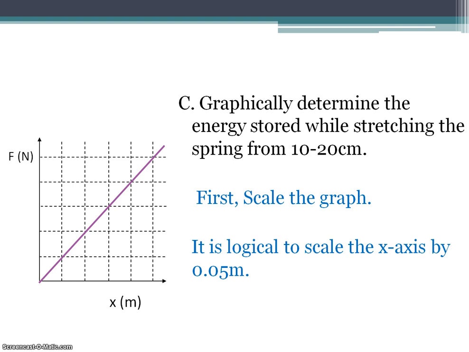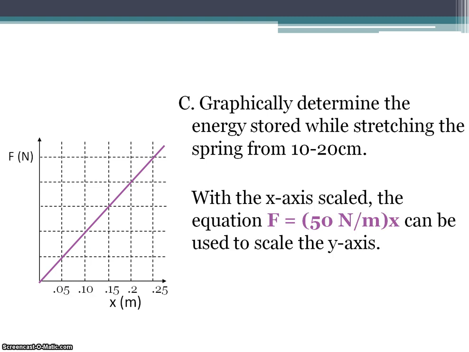It should be pretty practical, if we're trying to make sure we get to at least 20 centimeters, to scale it by 5 centimeters for each increment. Since we have 1, 2, 3, 4, 5 increments, 5 centimeters would scale it pretty far all the way across.